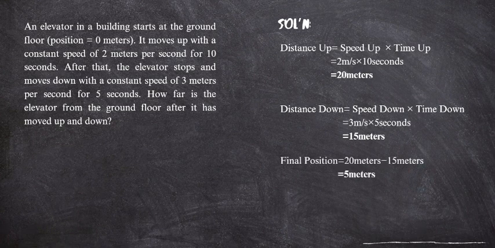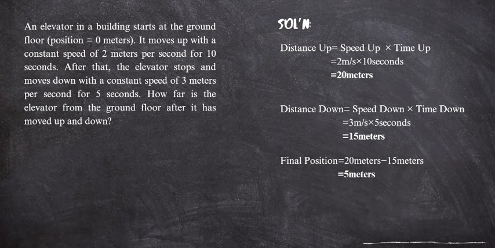In the third step, find the final position of the elevator. Now, we need to find out where the elevator is in relation to the ground floor. We start with 0 meters, which is the ground floor. First, it moves 20 meters up, so the position becomes positive 20 meters.